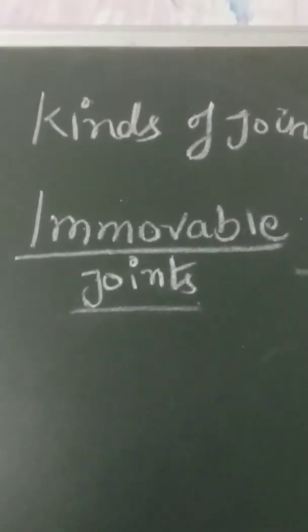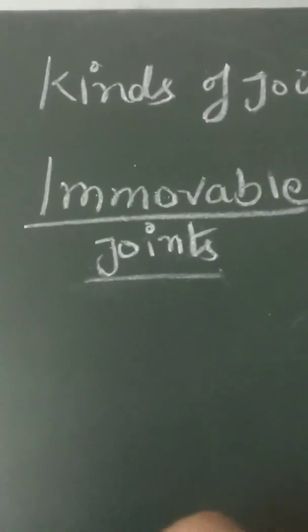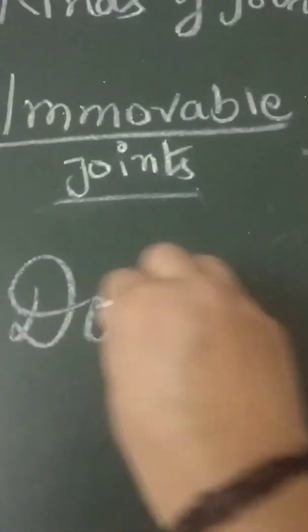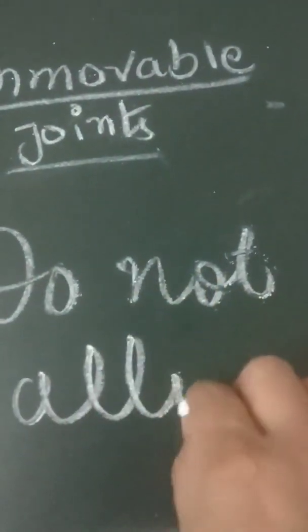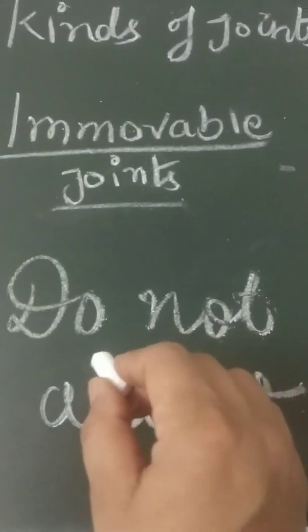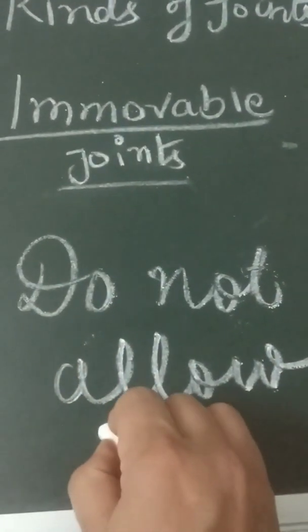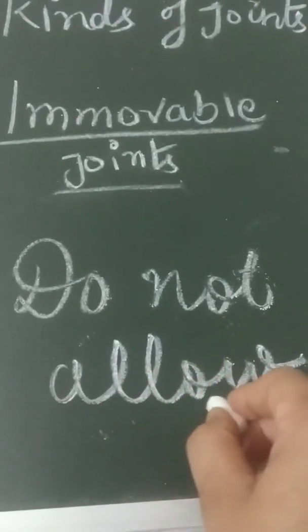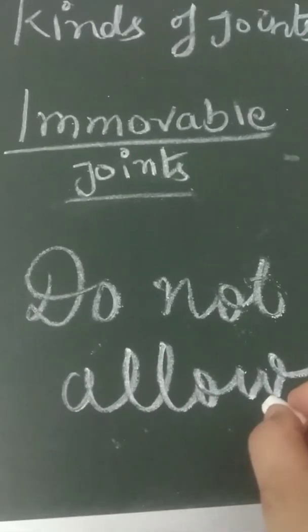Immovable joints: joints that do not allow the movements of the bones.